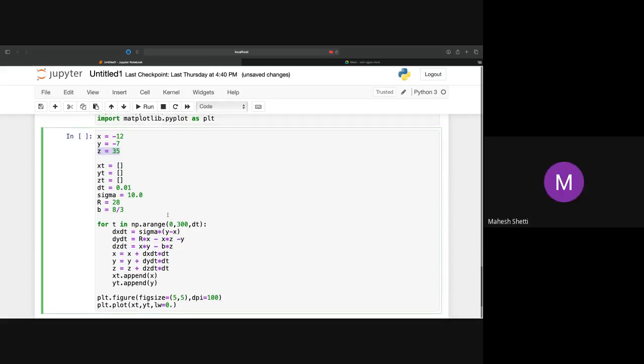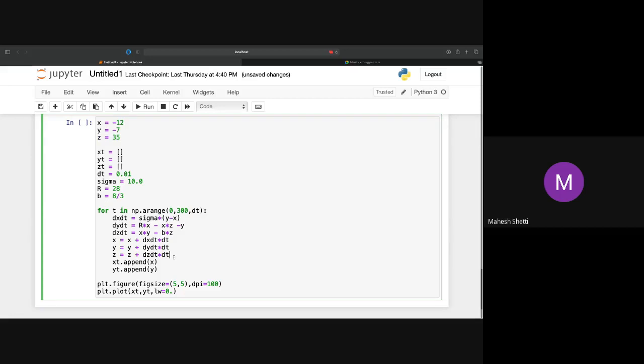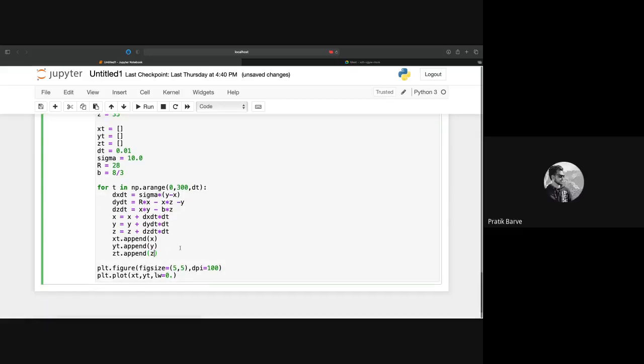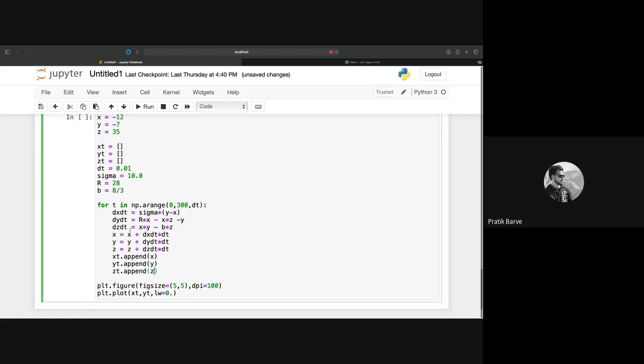No, but that's not a constant. That z also evolves with time. And that third equation, z equals z plus dz dt into dt. Yeah, I get it. Okay. So now we have xt done.